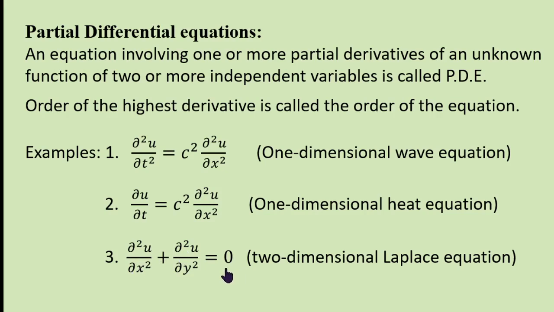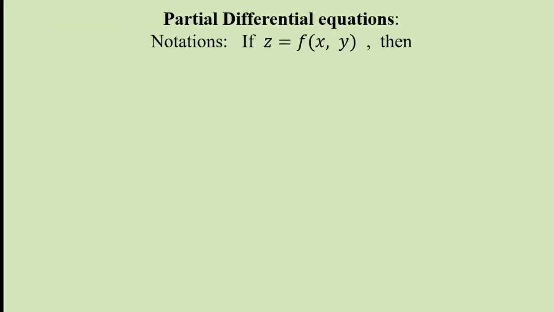Now, before discussing the formation of the partial differential equations, first we will discuss some symbols or notations used in the partial differential equation chapter. Suppose z is dependent variable, x and y are independent variables, z is a function of x and y.